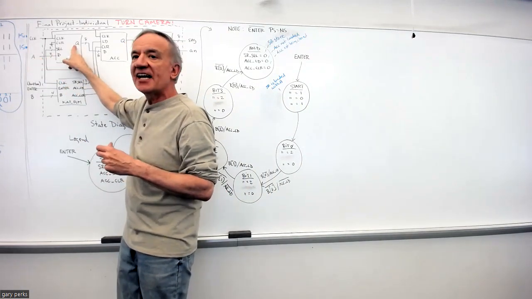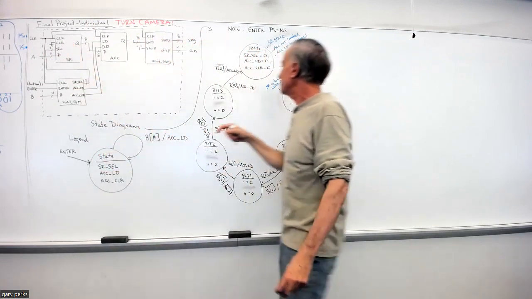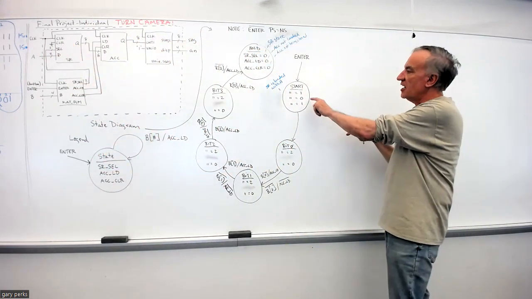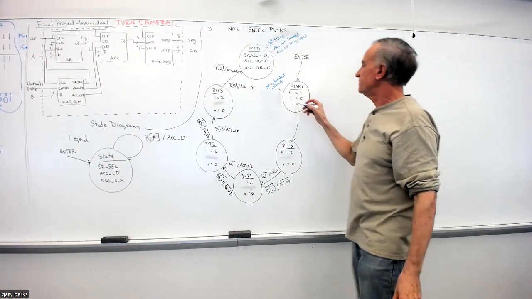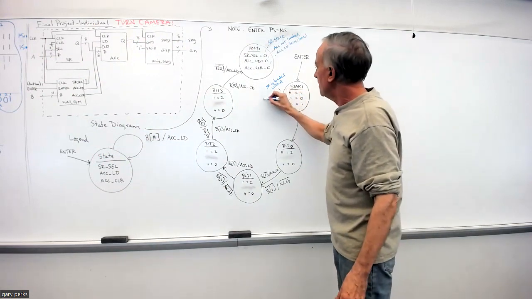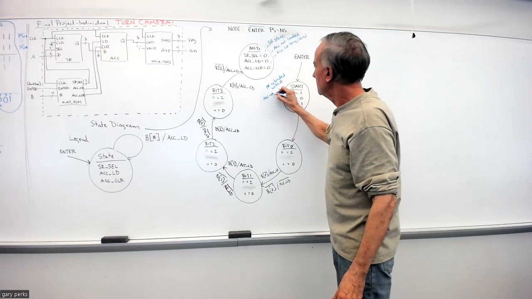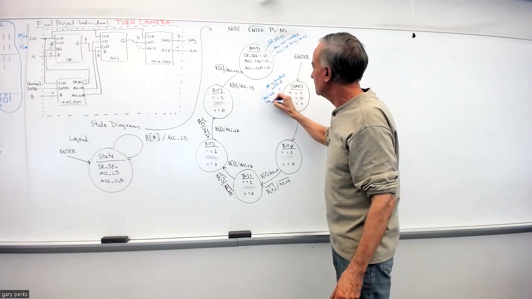So that's going to get assigned to Q when the shift register gets loaded. Accumulator load is 0, so the accumulator is not loaded. It's just going to remain whatever its output was.